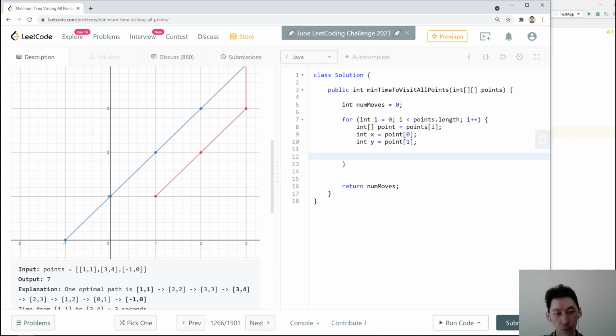So between 1, 1 and 3, 4, we have 2 and 3. The vector is 2 and 3. You can move 1, 1 to 2, and then you need 1 more. So it gives you 3.